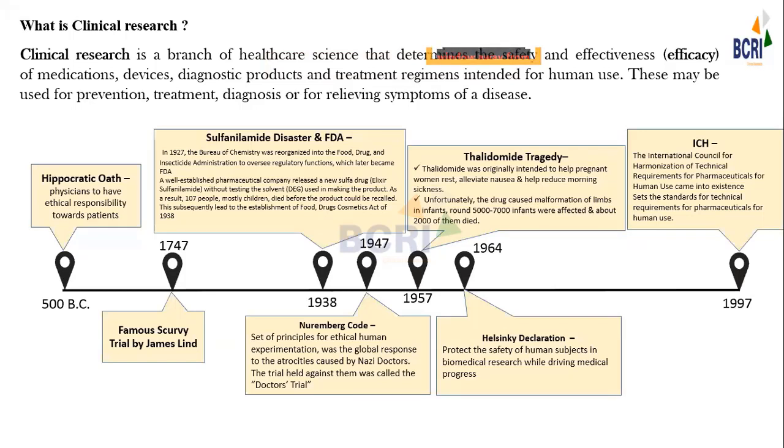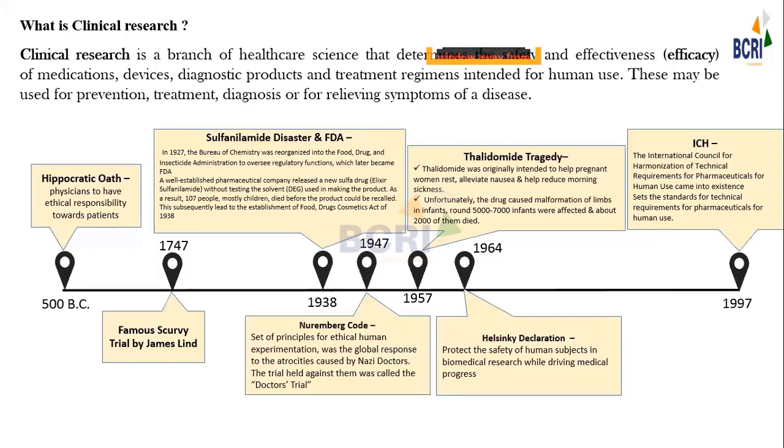Okay, so continuing, thalidomide was originally intended, as I mentioned, for pregnant women, to alleviate their nausea, their morning sickness. But again, it was the same mistake. They had not done proper experimentations, proper research, and not established whether the thalidomide drug was safe for human use or effective enough.